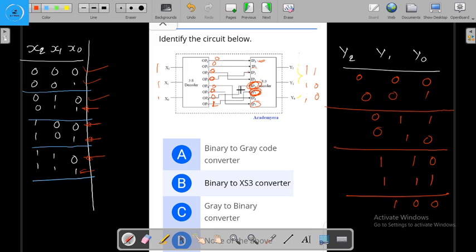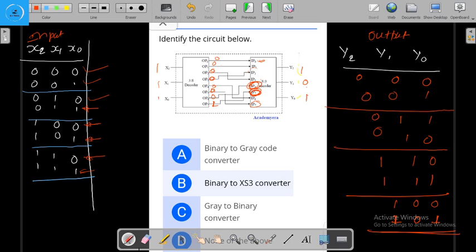So for this ip5, the logic high will appear, so we are going to get the output as 101. Now we have both the input as well as the output.